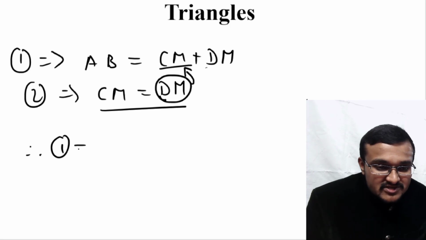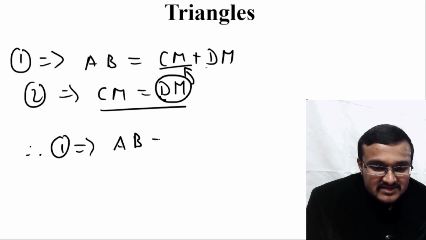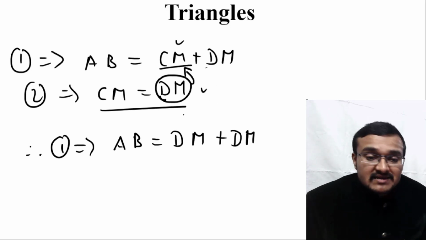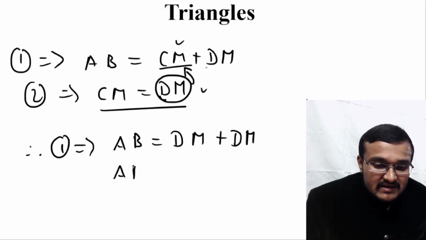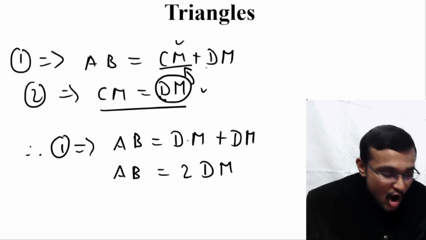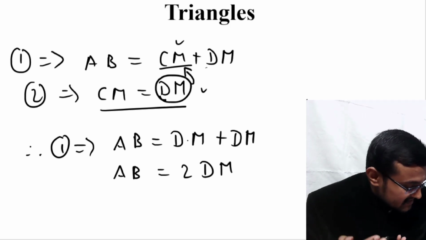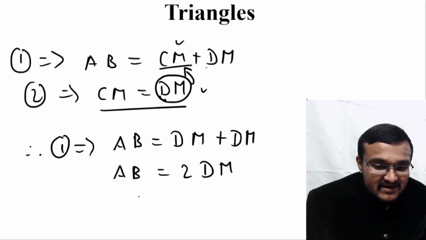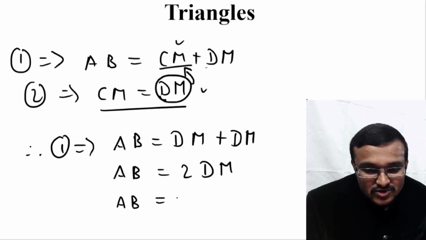So therefore equation 1 becomes AB is equal to DM plus DM, because in the place of CM I am substituting DM. So AB will be equal to 2 times DM, or since CM is equal to DM, I can write this as AB is equal to 2CM also.